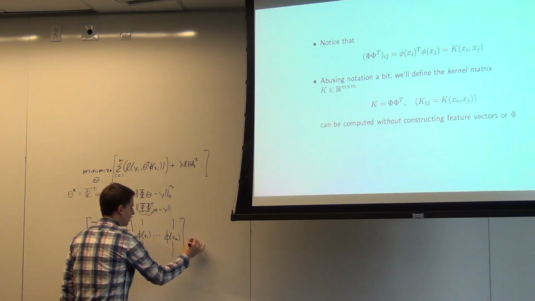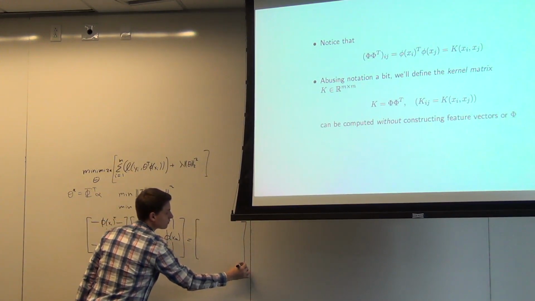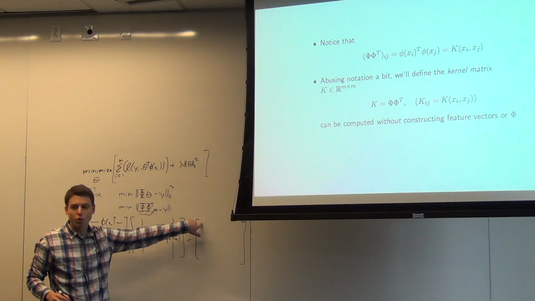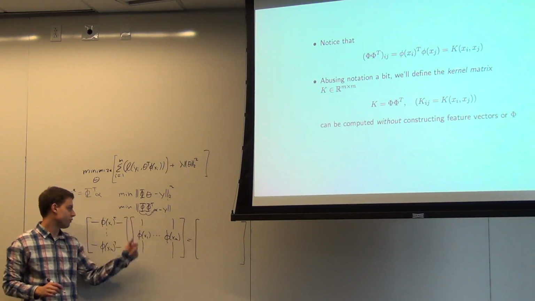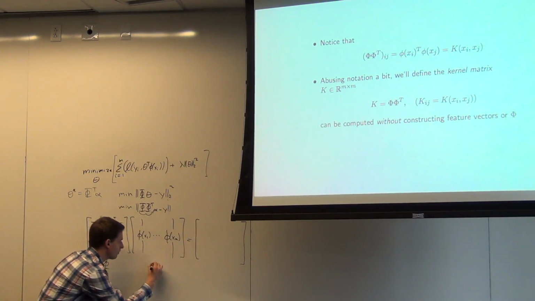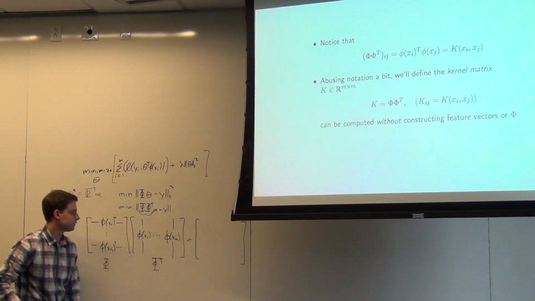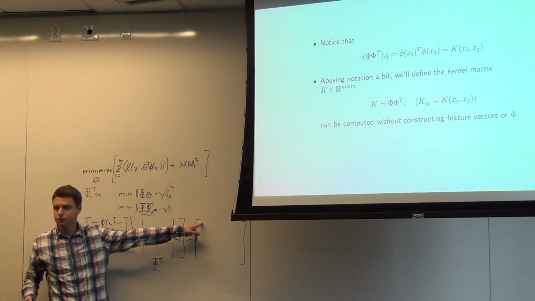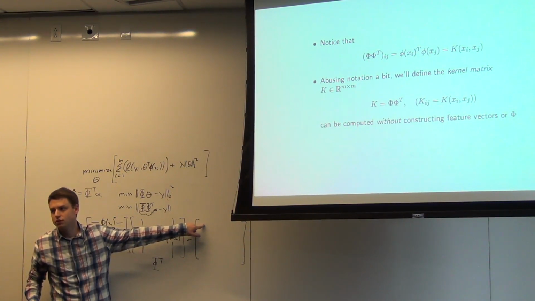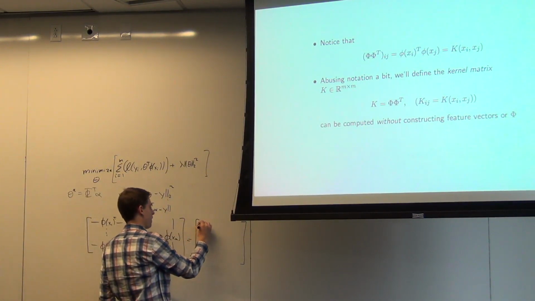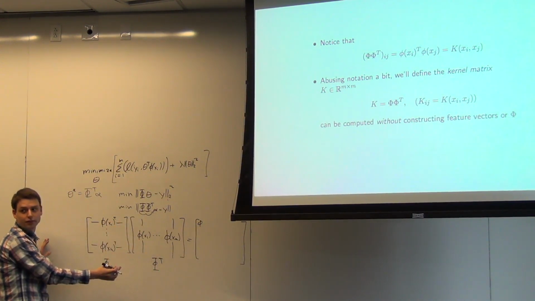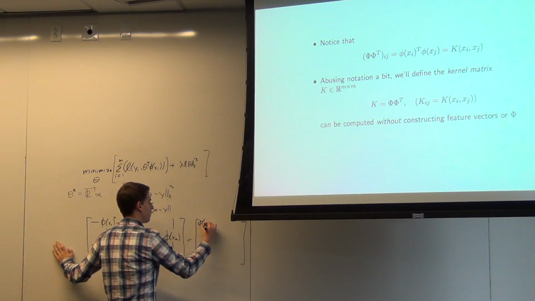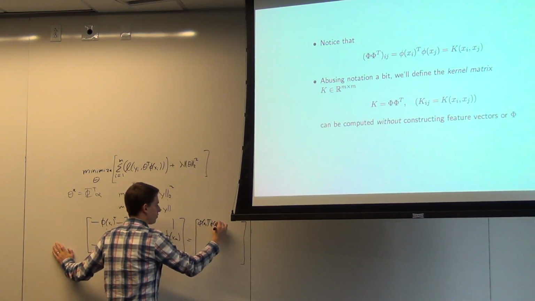Can anyone tell me what the first element of this matrix is? It's just matrix multiplication: the inner product of the first row and that column, so it's phi x1 transpose phi x1.